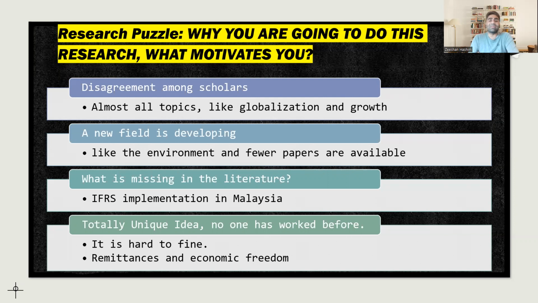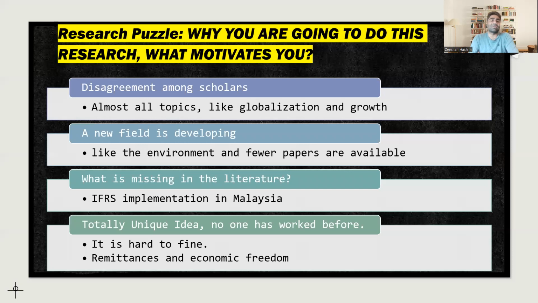And what is missing in the literature? For example, one topic is very popular, and you have found that the existing literature mainly discusses developed economies, and research in developing economies is missing. So you are working on it.